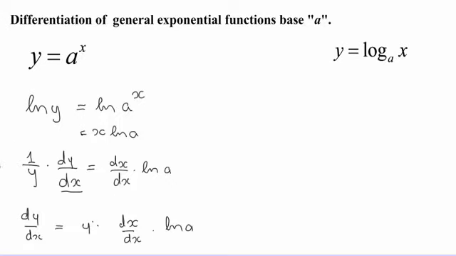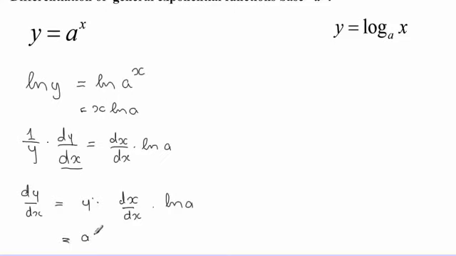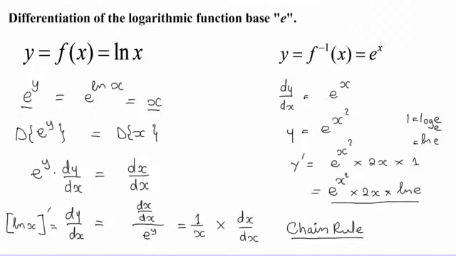Then we write this as a to the power of x multiplied by the derivative of x multiplied by ln of the base. Now I think you're going to understand why I was writing it this way, calling it ln of the base, which is the base of the function there.